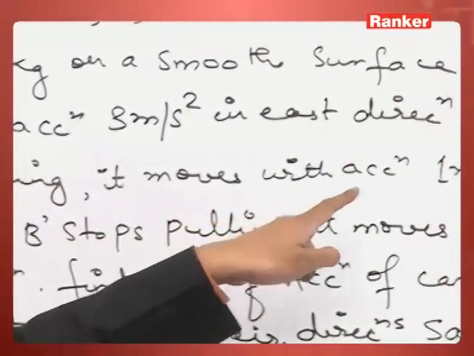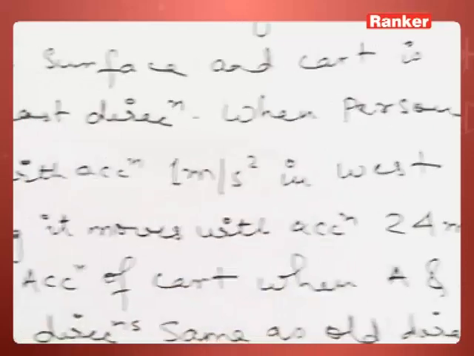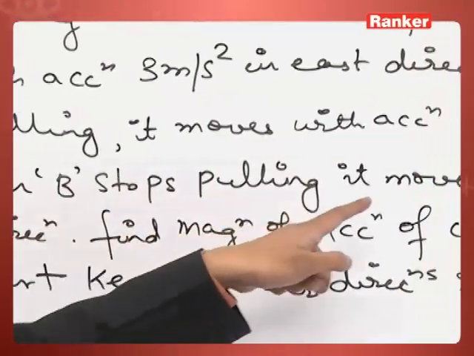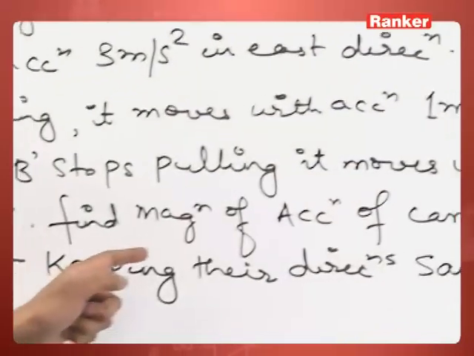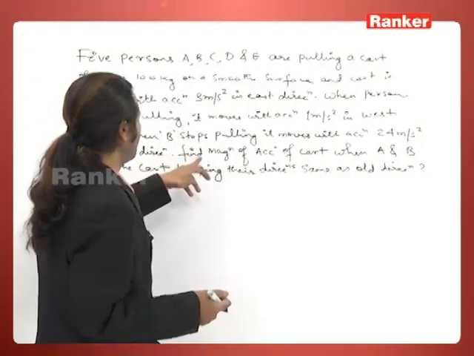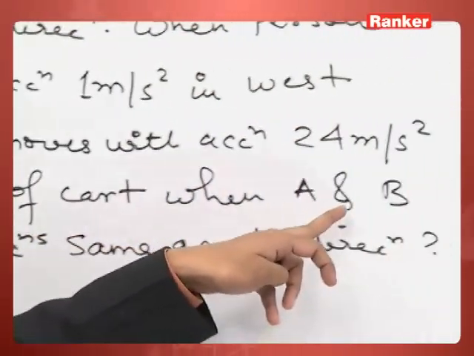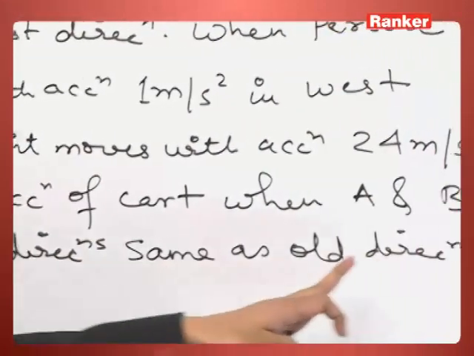When person A stops pulling, the cart moves with an acceleration 1 meter per second square in west direction. When B stops pulling, it moves with an acceleration 24 meter per second square in north direction. That means when B stops pulling, A is still continuing, and find the magnitude of acceleration of the cart when A and B pull the cart keeping their direction same as old direction.